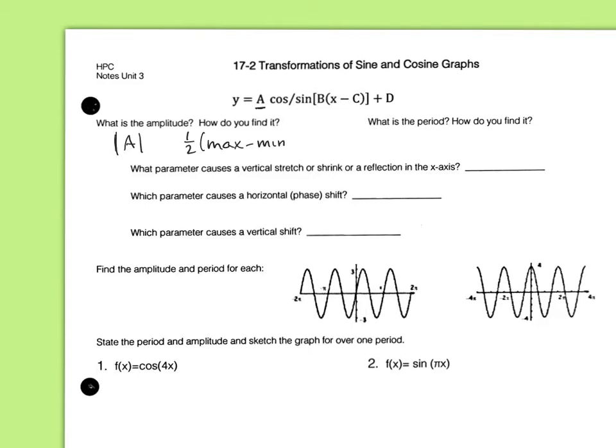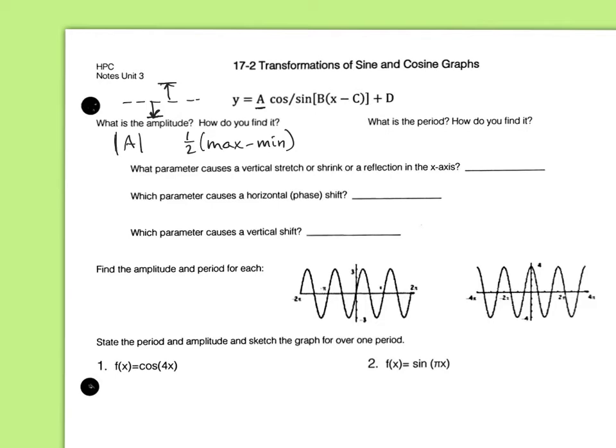So if you have a graph, you can find the high and the low point, subtract them, and divide by 2. It's basically the measurement from the midline up or from the midline down. So that's how many spaces we would count up or down from the middle of the graph. And we'll talk about what is the middle of the graph and how do you know where the middle is. Generally, it's that horizontal axis, but doesn't always have to be.